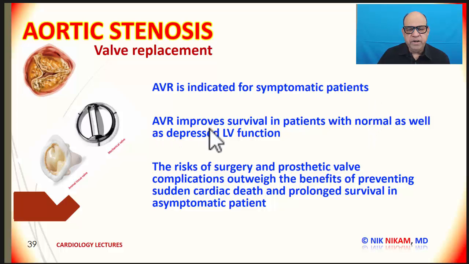Aortic valve replacement improves survival in patients with normal as well as patients with depressed left ventricular function. The risk of surgery and prosthetic valve complications outweigh the benefits of preventing sudden death or prolonged survival in asymptomatic patients. In other words, aortic valve replacement for just prevention of sudden death in asymptomatic patients is a class 3 contraindication.